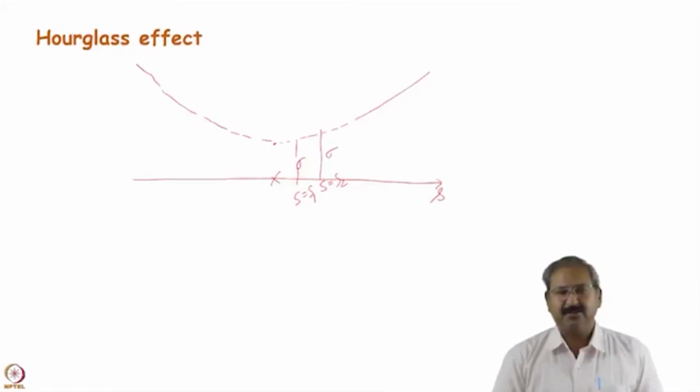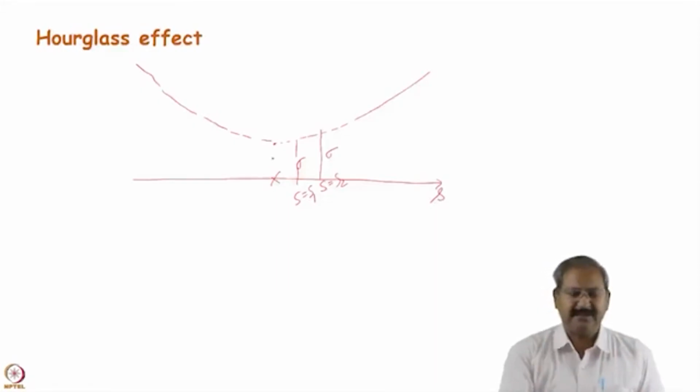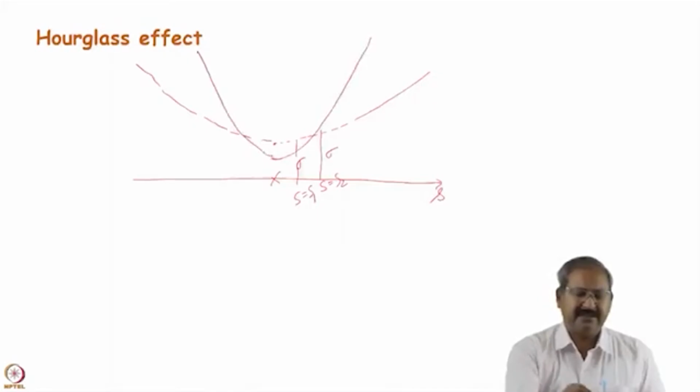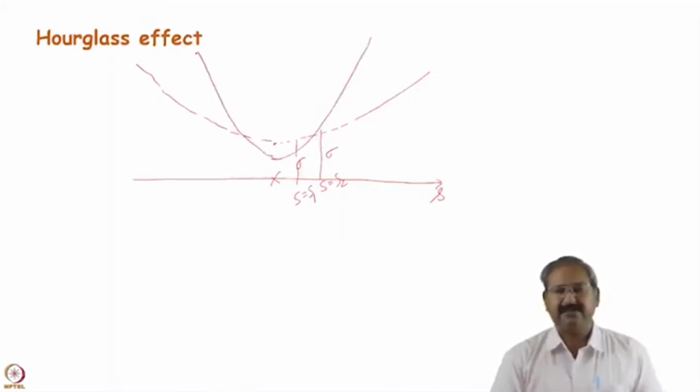And if you want to make the beam size more focused, means if we reduce beta more, then beta will go like this in the drift space on both sides. So if we squeeze beta, the hourglass effect increases.